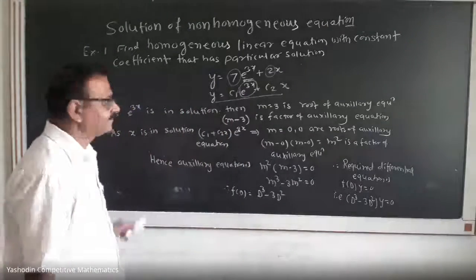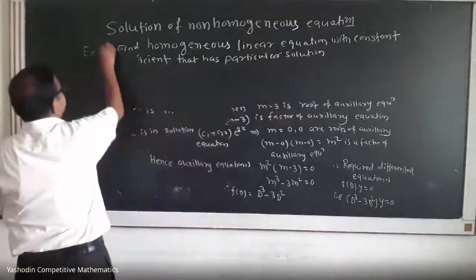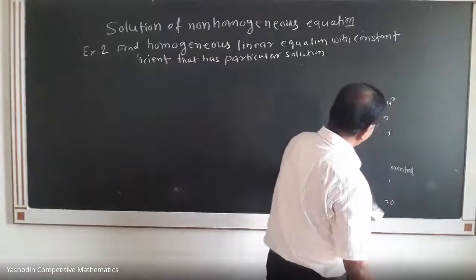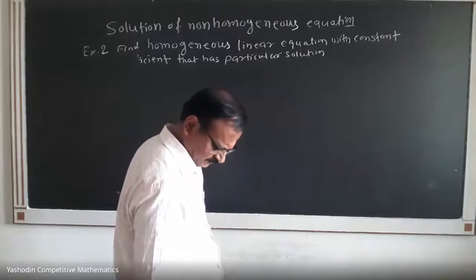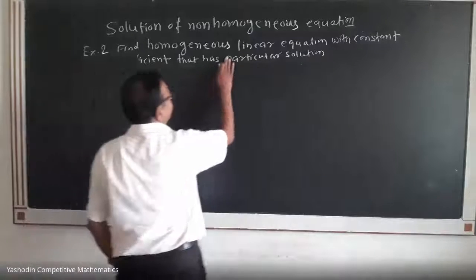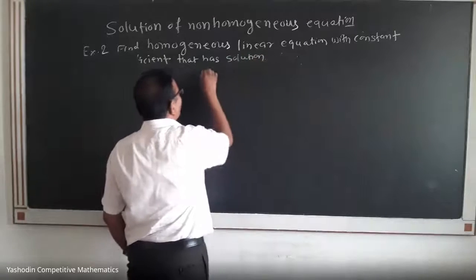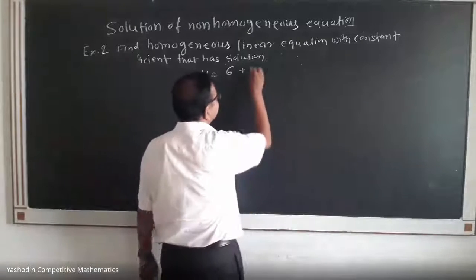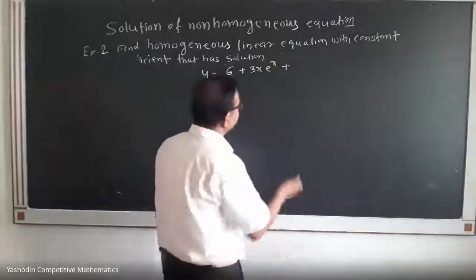Now, second example. y equal to 6 plus 3x e raised to x, not plus, minus cos x.